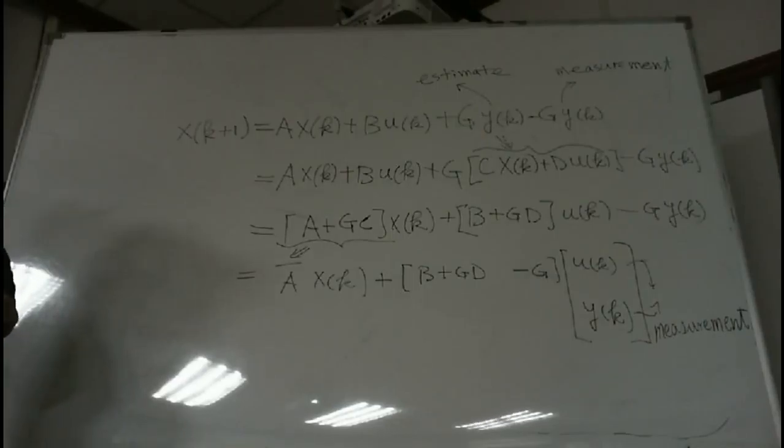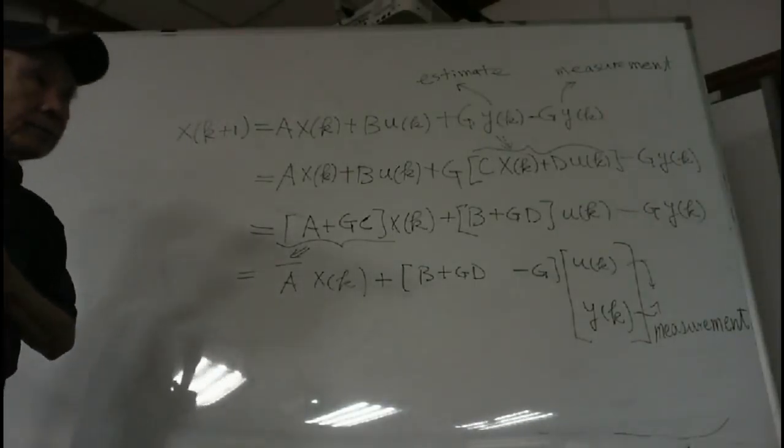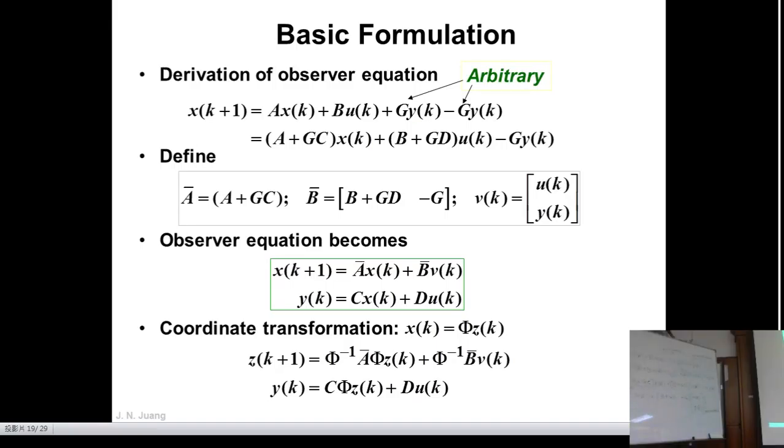Okay, now let's switch back. From the whiteboard here, you will be able to see that I can write the observer equation like this: x_k+1 equals A bar x_k plus B bar, and B bar is defined to be B plus GD minus G, and my V will be U_k and Y_k, and I stack them together.